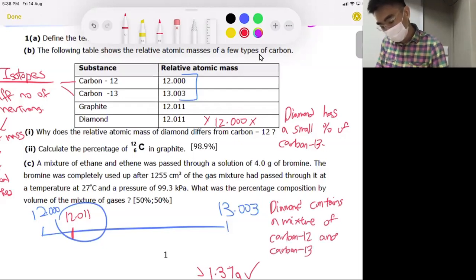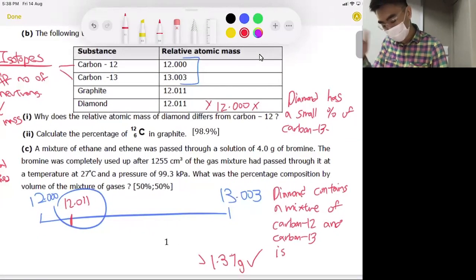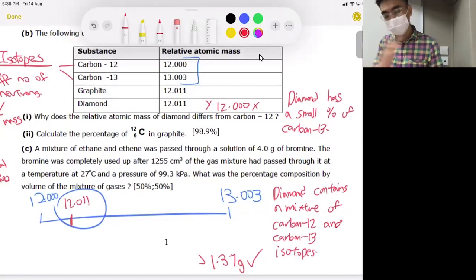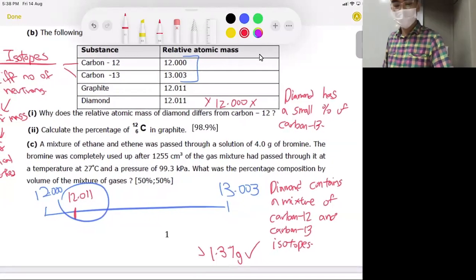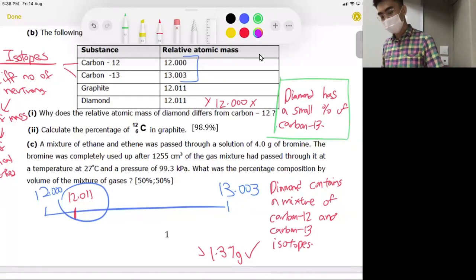But actually, we can infer that because the value is closer towards 12, you have more carbon-12. This is just something to add on. I would prefer you to write this out, which is better. Or a higher percentage of carbon-12, also okay.